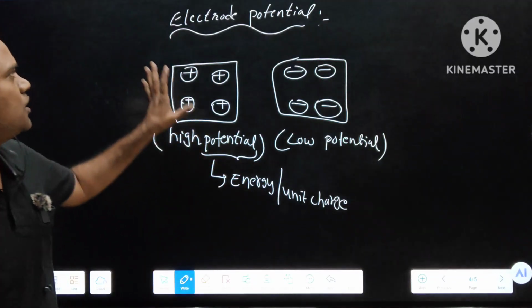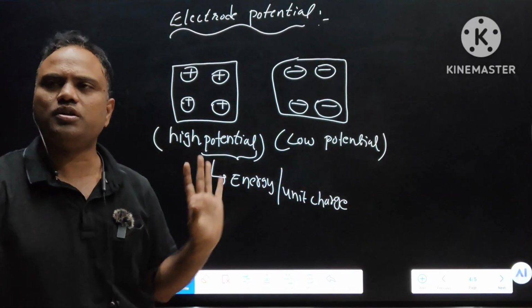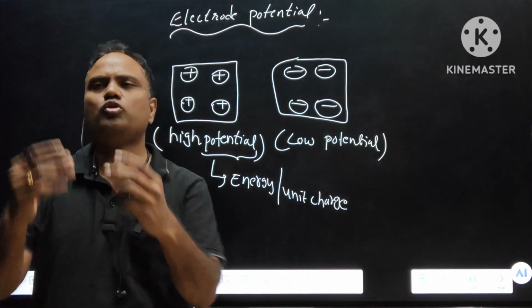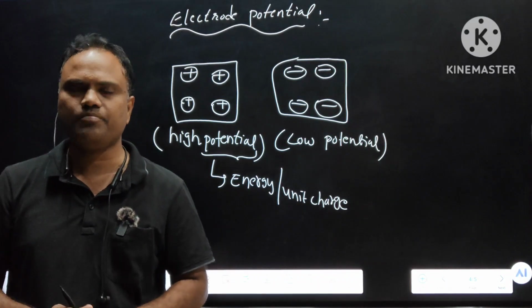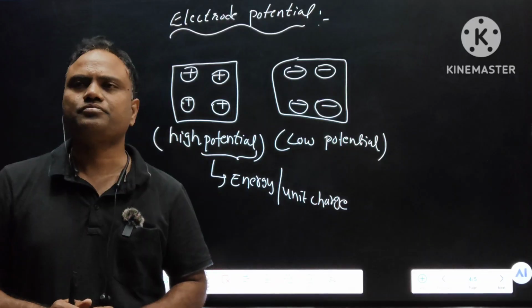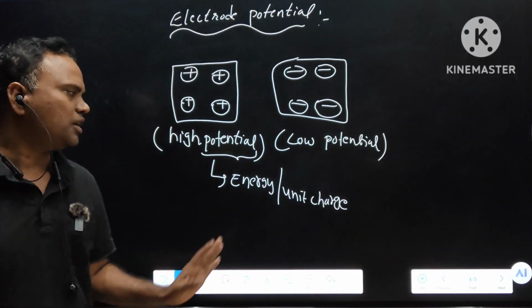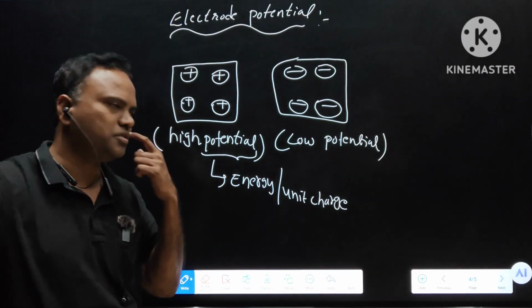To understand electrode potential, first you should know the words high potential and low potential. High potential means in that area more positive charge is present. Low potential means negative charge is present. Again, potential means energy per unit charge.